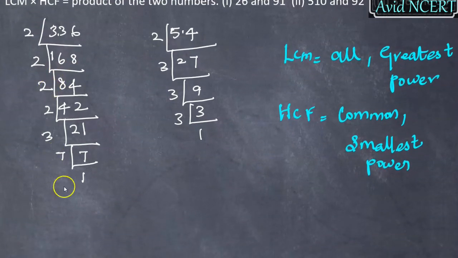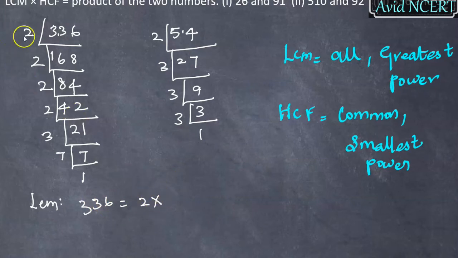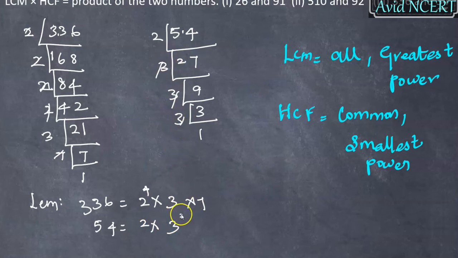For 336, we'll start with the LCM. So for 336 it is 2 into, we can directly even write the power, 2 1 2 3 4, 2 power 4, but try to write in the ascending order, 3 into 7, and for 54 it is 2 into 3, how many times? 1 2 3, so 3 power 3.